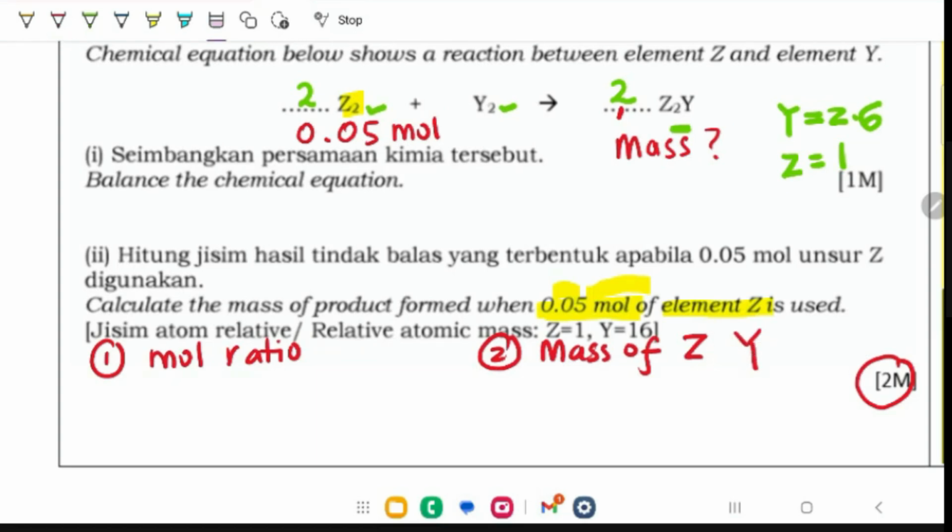So for the mole ratio, you compare this one and this one. So ratio is 2:2, so means same. Meaning that the mole for the Z2Y is also the same. Then you times the molar mass for this.